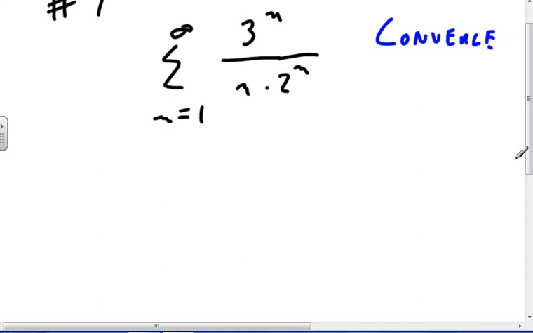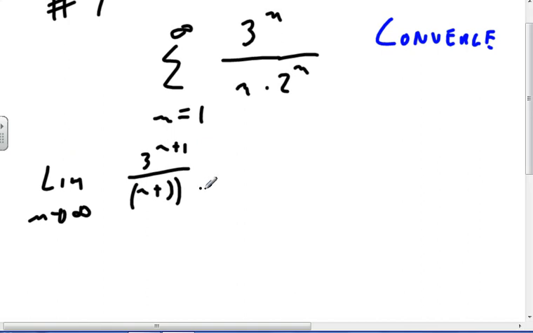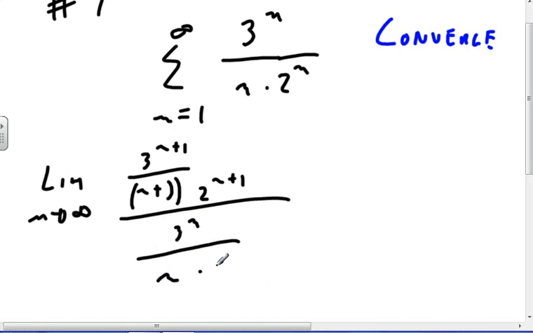Well, I don't know. But we're going to use the limit test again anyway. So I'm going to look at the limit as n goes to infinity of 3 to the n plus 1 divided by n plus 1 times 2 to the n plus 1, divided by 3 to the n divided by n times 2 to the n.